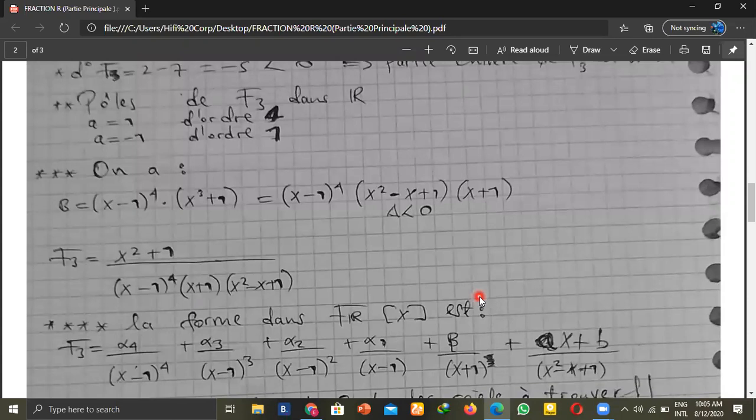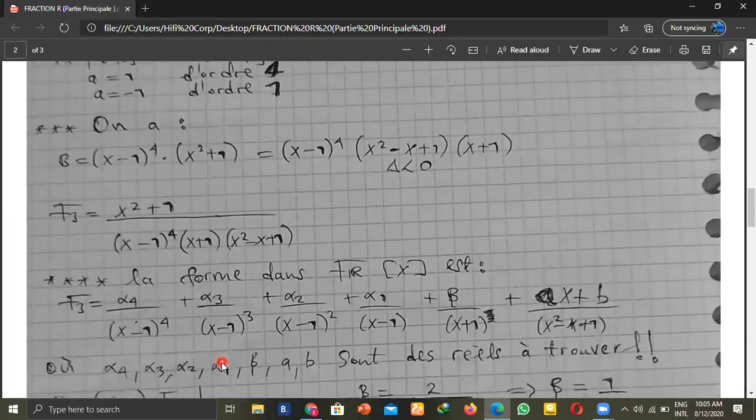Alors maintenant, je peux décomposer ça. Alors on a F3 égale x squared plus 1 over this whole thing here. And then la forme de F3, this is the form de decomposition. Since there's no partie entière, we're now going to put its form. This form is very important. That's why that time I asked you, what's the form in R, in C? After you do all this, you have to know its form.